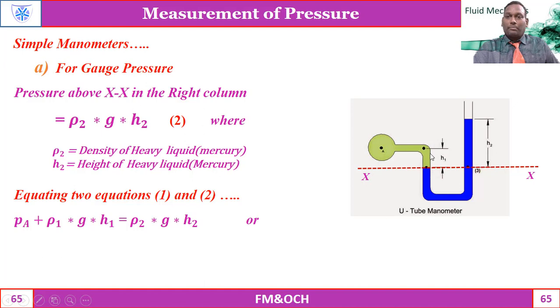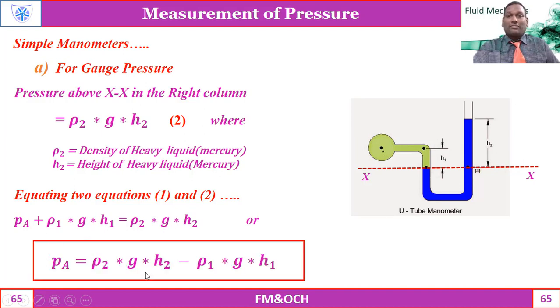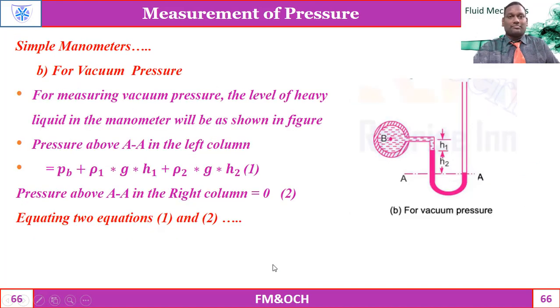So PA plus ρ1 g H1 is equal to ρ2 g H2. This is my final equation. PA is what needs to be calculated. PA is equal to ρ2 g H2 minus ρ1 g H1.